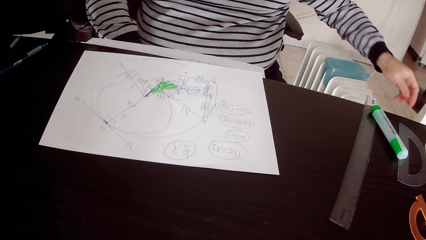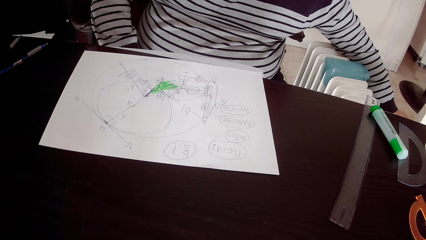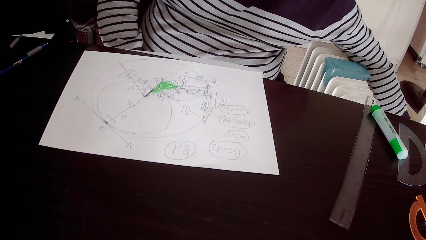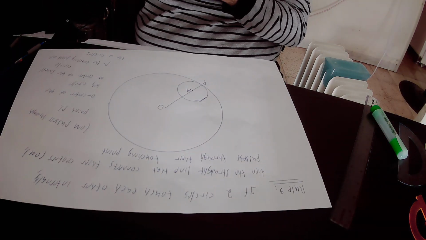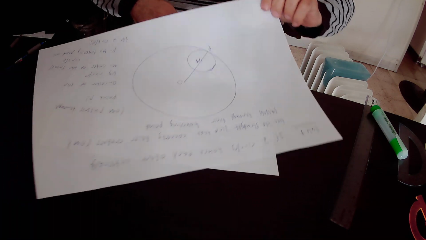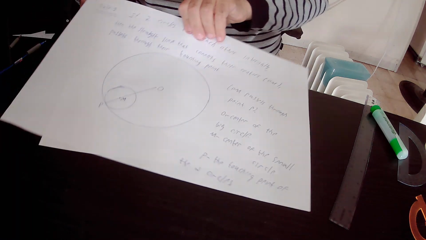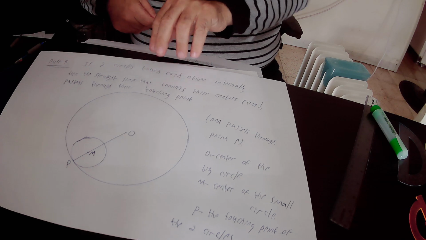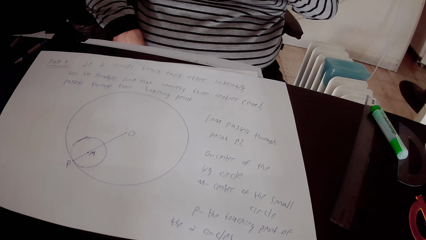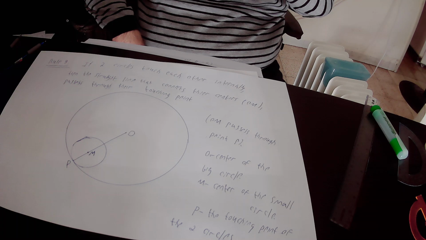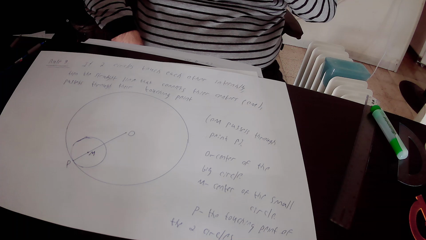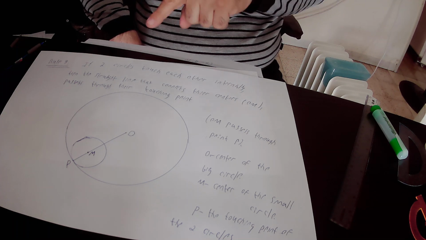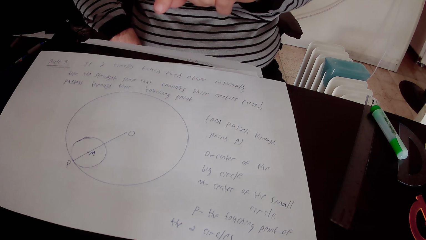Then I presented to you rule number 9. And we implement rule number 9 in our drawing. According to rule number 9, if two circles touch each other internally, then the straight line that connects their centers together passes through their touching point.